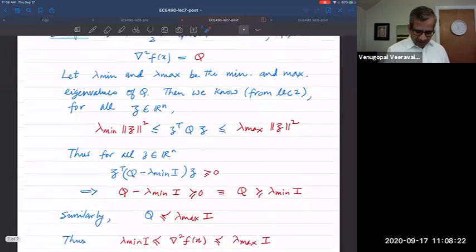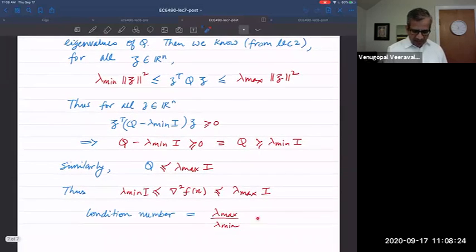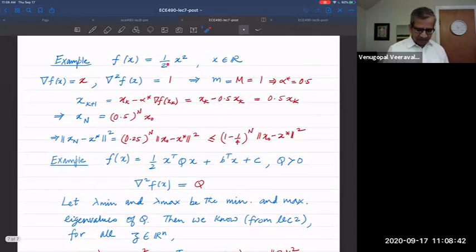And so the condition number is lambda max divided by lambda min. So for example, if Q was a multiple of the identity matrix, then lambda max will be equal to lambda min, in which case you get the best rate of convergence. And that's exactly what this example was.